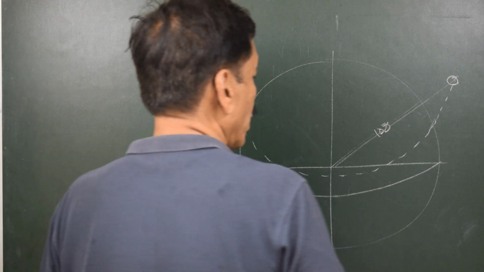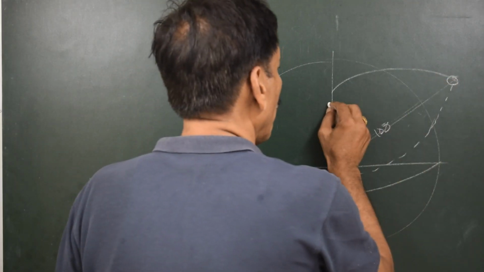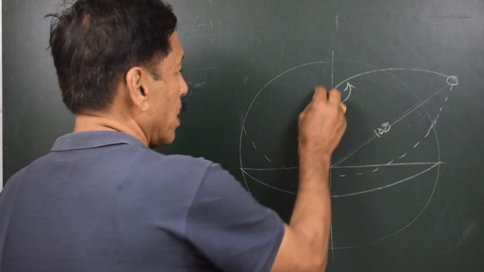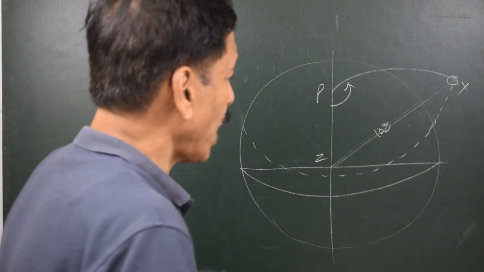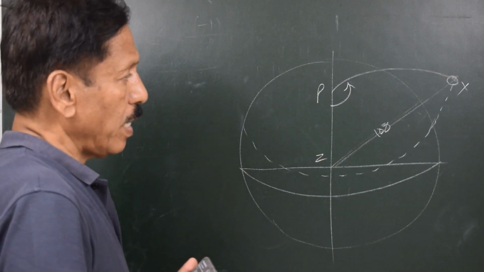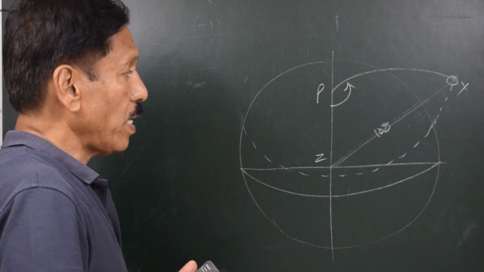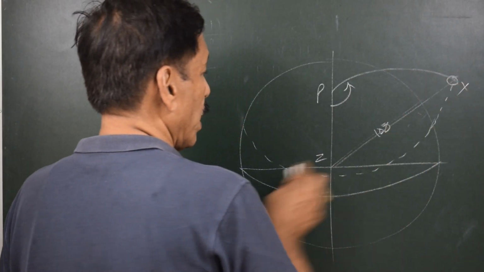That is, the true zenith distance is 108 degrees. At that time, we calculate the angle P by the cosine formula, right? And if we find the angle P, we are able to find how much time the sun will take from here till meridian passage.